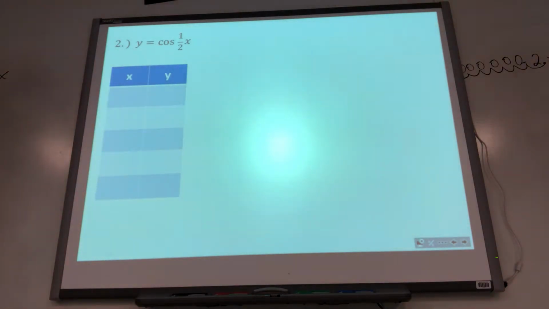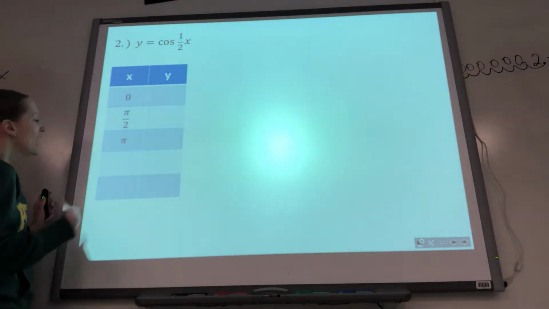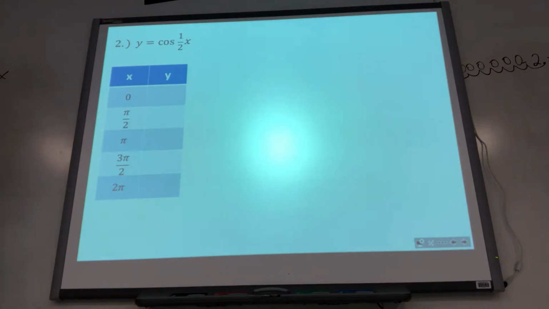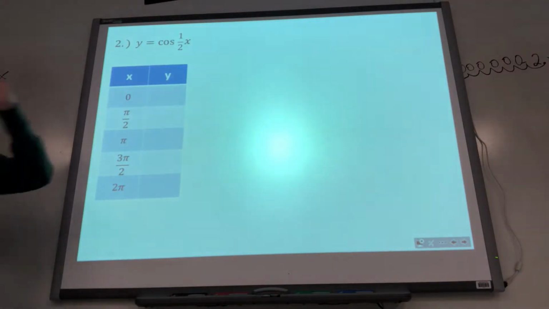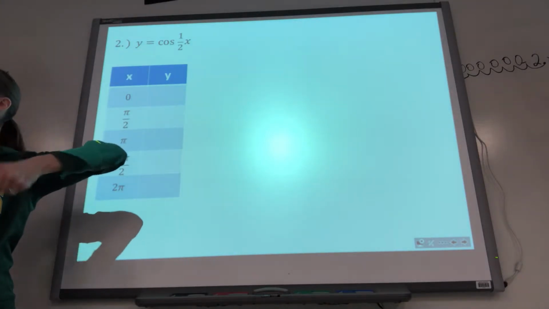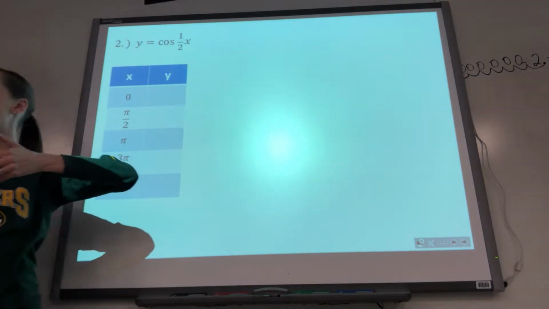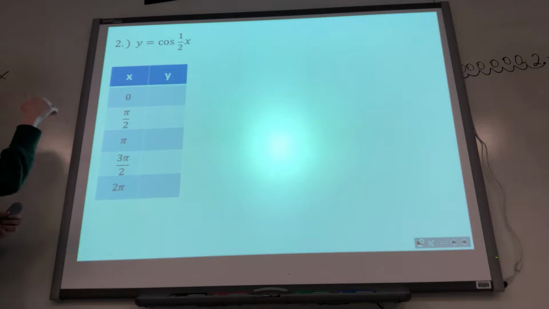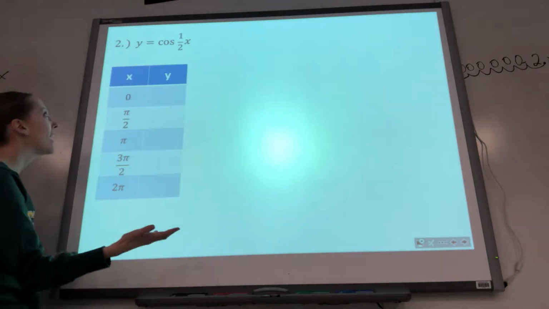It might do sort of the opposite. Here again, I'm going to use 0, pi over 2, pi, 3 pi over 2, and 2 pi, at least right now. And here we go, typing these in. I would suggest, instead of doing 1/2 when you type this in, do a 0.5. That'll be a little bit easier than trying to do 1 divided by 2 every single time.